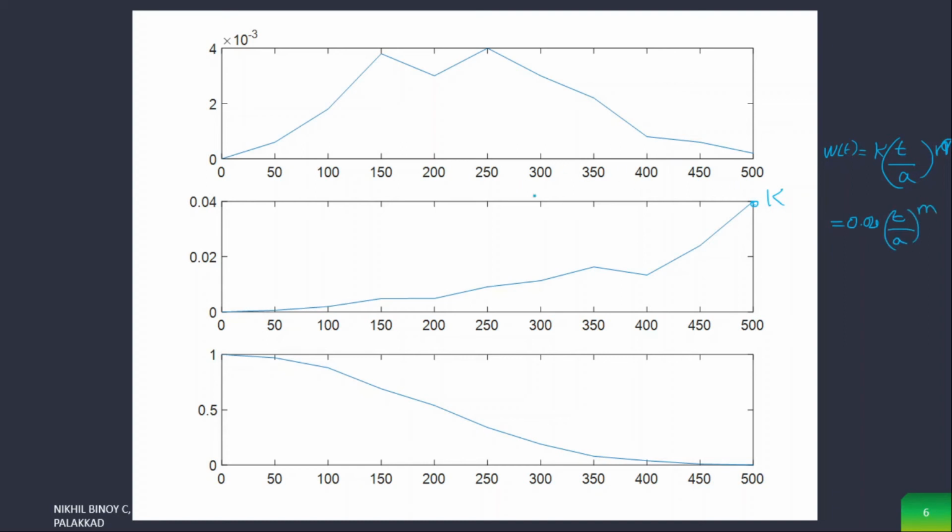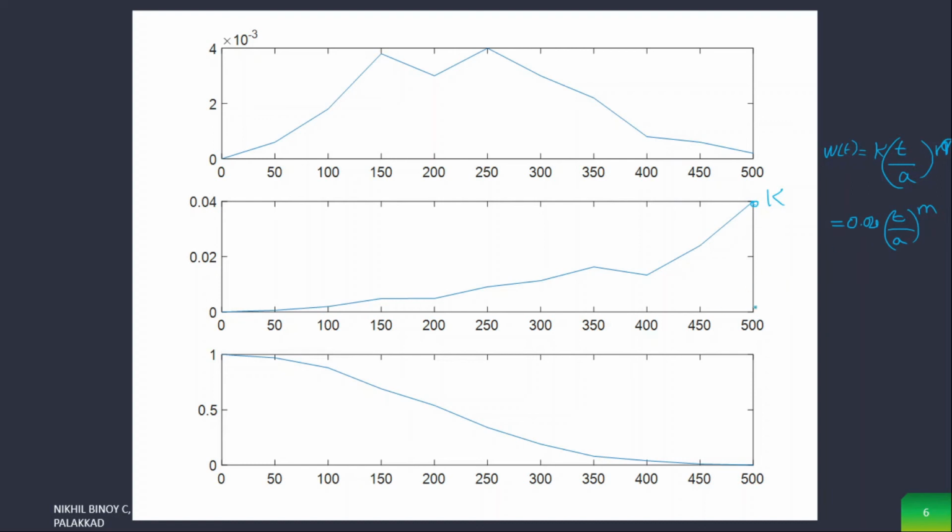Is it okay? So please note, the 3 parameter Weibull model is very simple. W of t is equal to 0.04 into (t by a) raised to m, where k is the value of failure rate corresponding to the test time, the last time. This value is k. Now what about a?